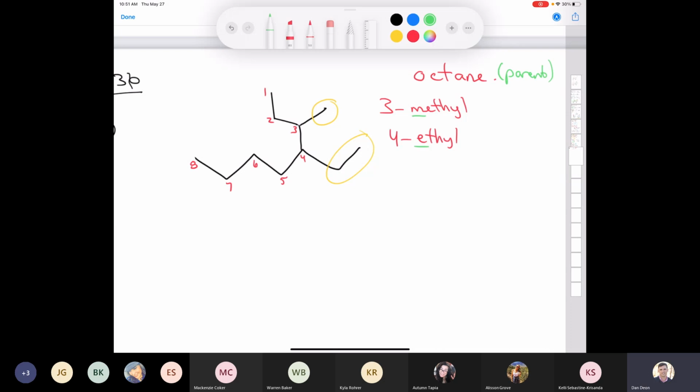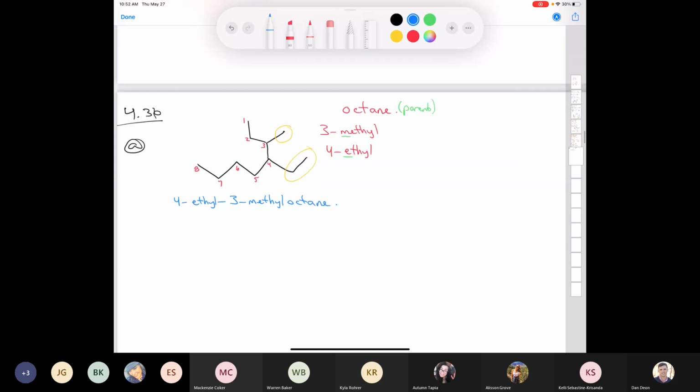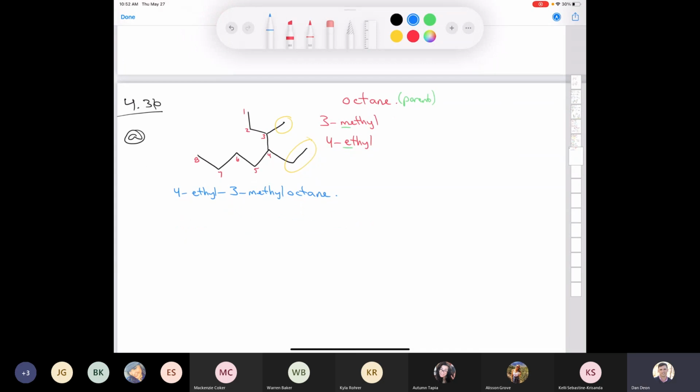We have E and M. Well, E comes before M in the alphabet. So when we put all this together, we've got 4-ethyl, 3-methyl octane.